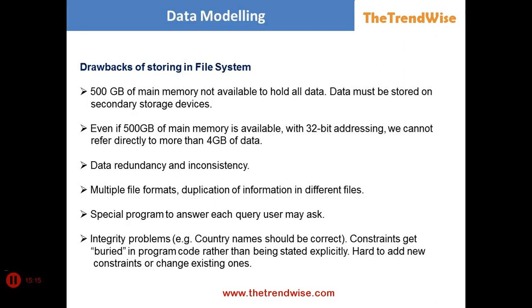We will come to that when we go through the lectures, and we'll understand completely how we do normalization. Okay, then we have multiple file formats and duplication of information in different files. That, of course, we have discussed, would be there if we are using a file system.